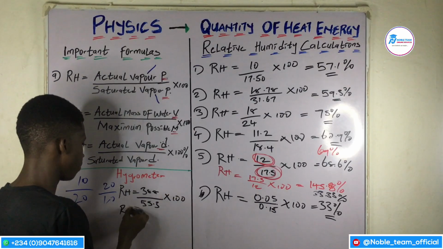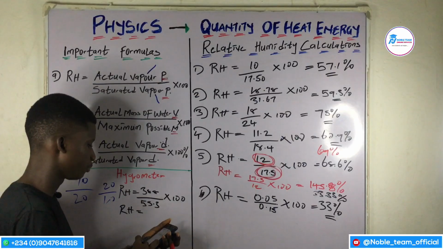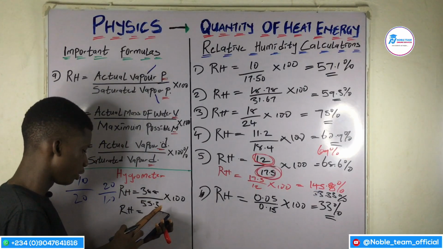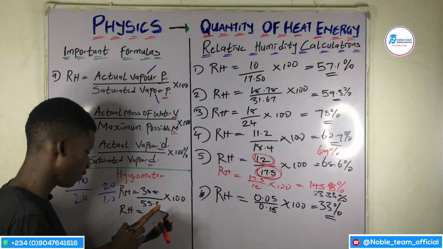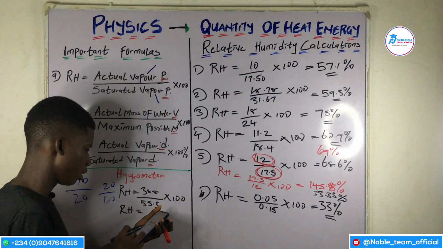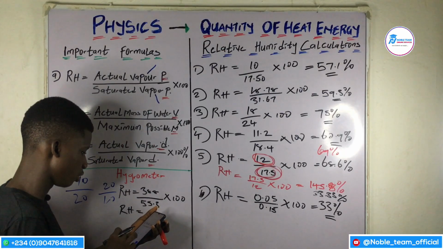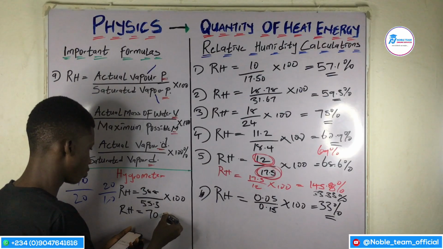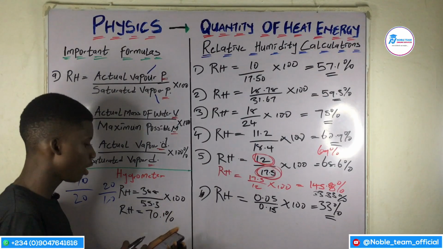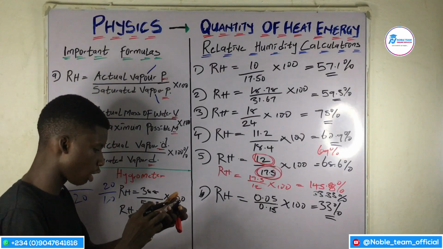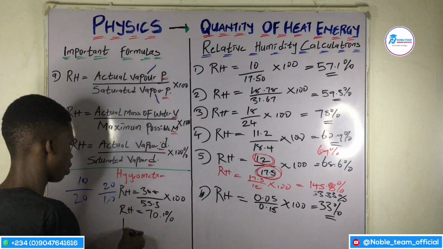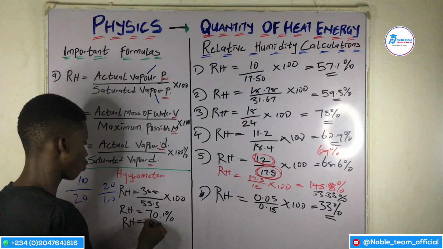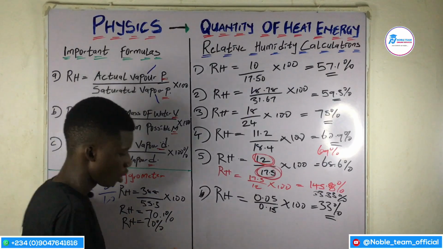Divide and give me the final answer. 38.8 divided by 55.3 times 100 gives you 70.1%. Option B is correct. If you approximate, it is equal to 70%, and this is the final answer.